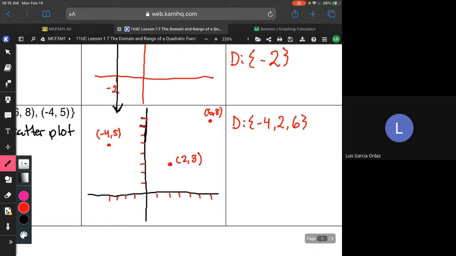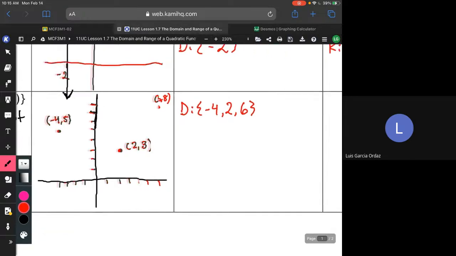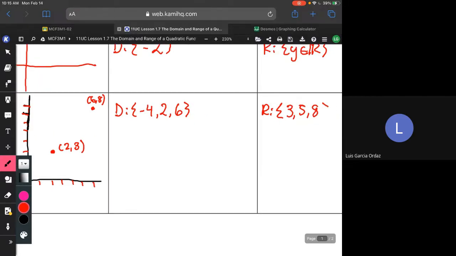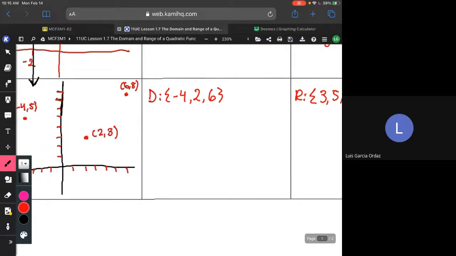So remember to just write them in order. And then I have my range. My range has to do with my y values. So what are the y values that the scatter plot hits, Jade? 3, 5, and 8. So when it comes to scatter plots and coordinates that are given to you, you're just writing your domain and range as a list of numbers, okay?